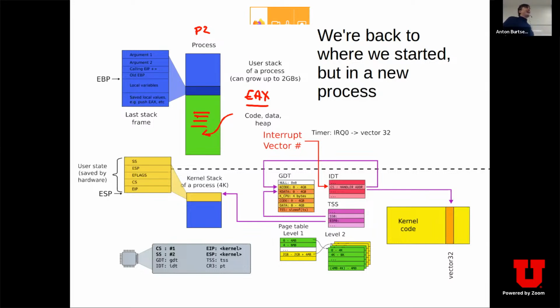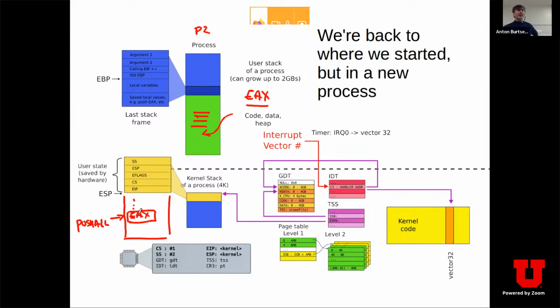In the kernel stack. Where do we save it, and how? Correct, pushal saves EAX here. Is that clear to everyone?